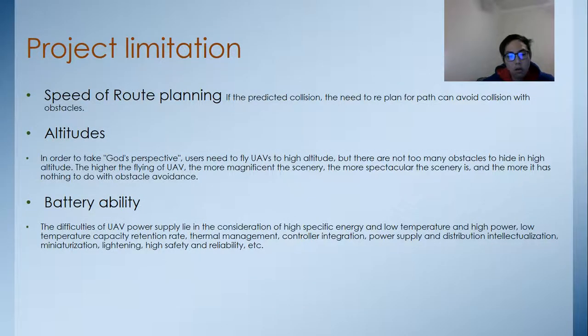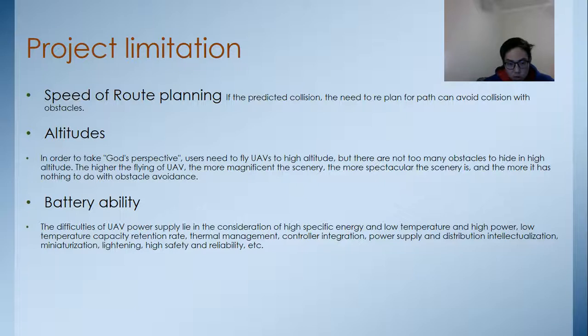Next, I will introduce the limitations of our project. We have 3 main limitations. The first one is the speed of the route planning. We have mentioned that for route planning we use the LiDAR to detect the obstacles around the UAV, but we cannot use the LiDAR to detect all directions at one time.